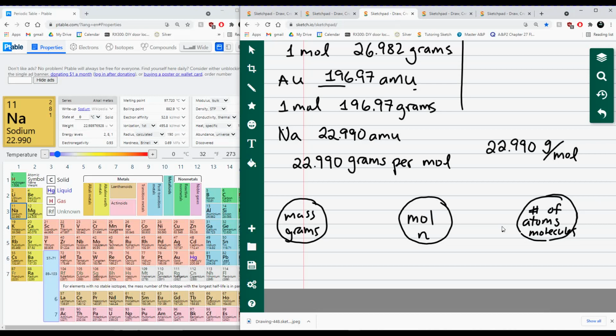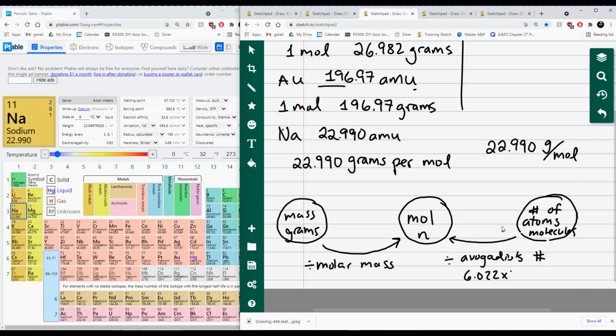And so the idea is every time you wish to go to moles, because moles N in itself is going to be the intermediary, you're always going to be dividing by a certain quantity. From grams, in order to reach moles, you must divide by the molar mass. And in order to go from the number of atoms to the number of moles, you have to divide by Avogadro's number. And I'll write this as 6.022 times 10 to the 23rd.